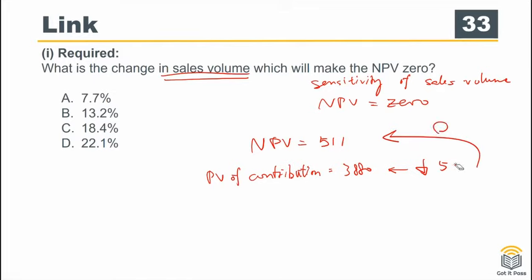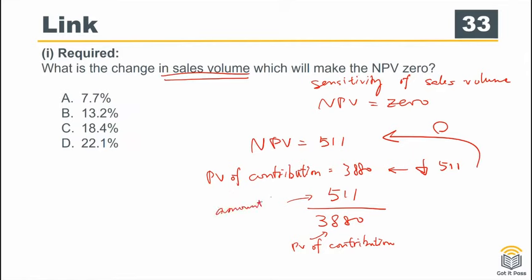Therefore, the sensitivity here is 511 divided by 3,880, which is the PV of contribution. Okay, and here is the amount to turn NPV into 0.